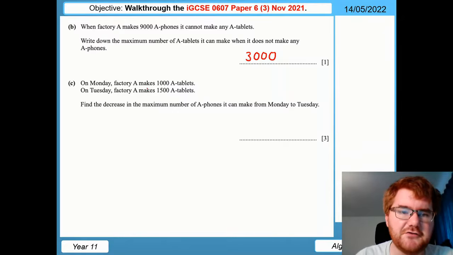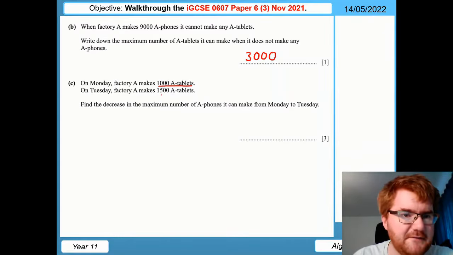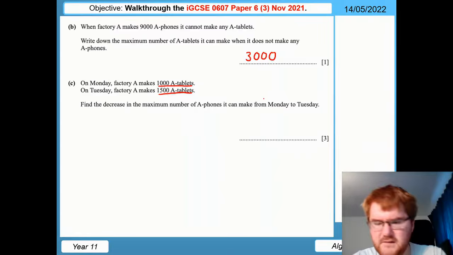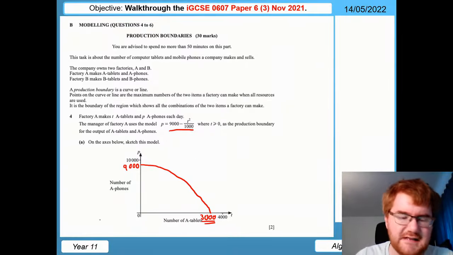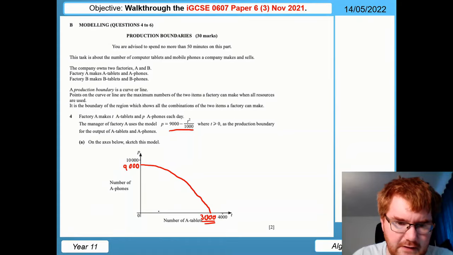So on Monday, factory A makes 1,000 A tablets, and on Tuesday it makes 1,500. And then we want to work out the decrease in the maximum number of A phones it can make from Monday to Tuesday. So if we go to our graph and look at how this looks, we've got A tablets. So if I mark this on, and this is not necessary for the question, say this is 1,000 here, and this is 1,500.